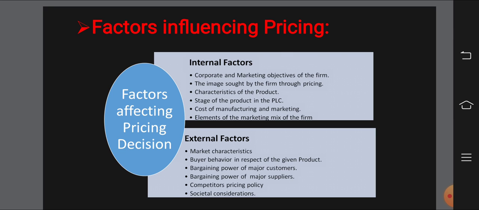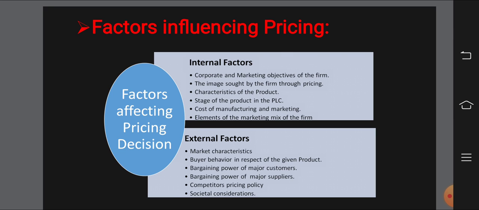For example, if that particular product is in the introduction phase, then pricing should be lower to capture the consumer. Then if that is in the growth phase, again their competition will be more, then that particular organization has to keep the price of that particular product at the lower range.